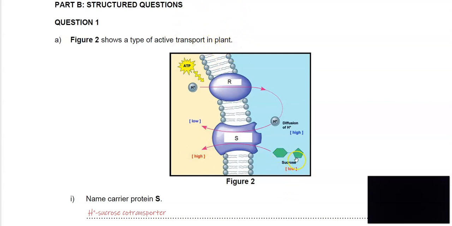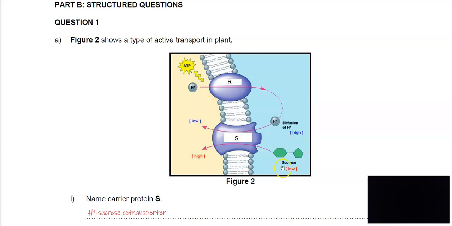Okay, so sucrose needs to move into the plant cell so that the plant cell can accumulate a high concentration of sucrose in the cell. So for example, this can involve the cells of vascular tissue.